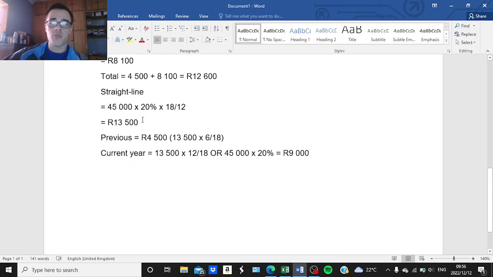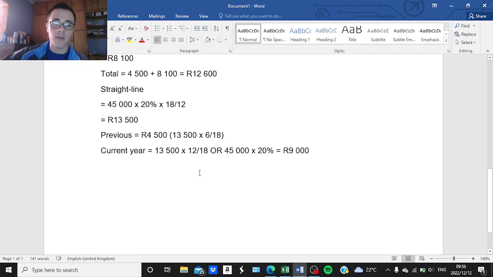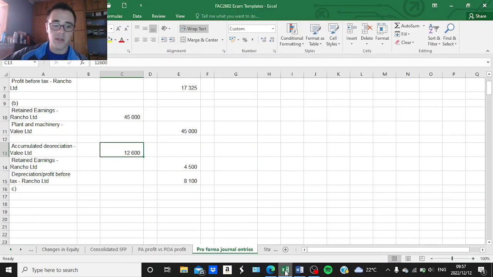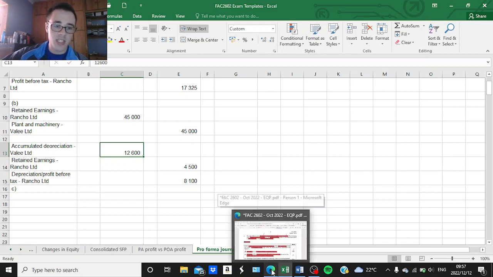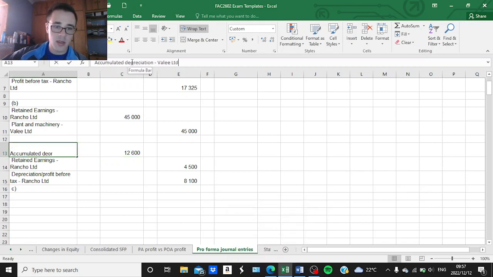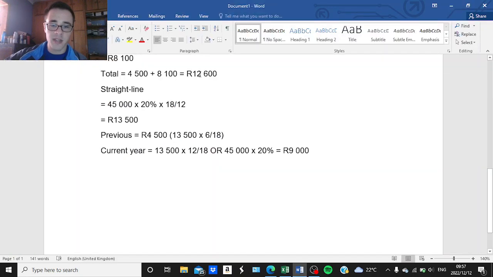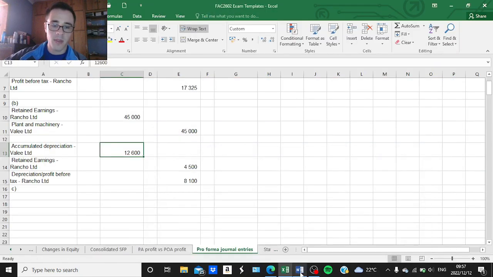And just to emphasize my previous explanation regarding the straight line method, if we use the straight line method, the amount debited to accumulated depreciation, let me just correct this, depreciation. So if we use the straight line method, the 12,600 would change to 13,500.